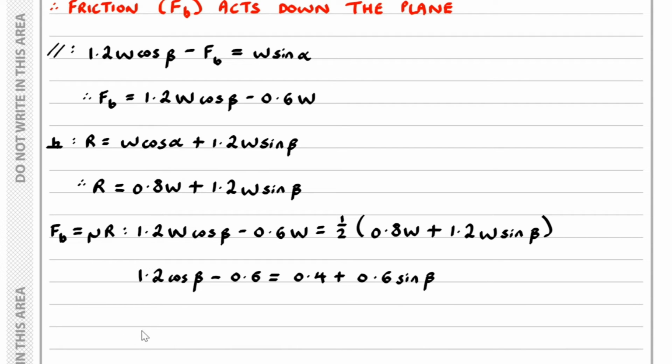And so therefore we can see then 2 cos beta minus sine beta equals 5/3.